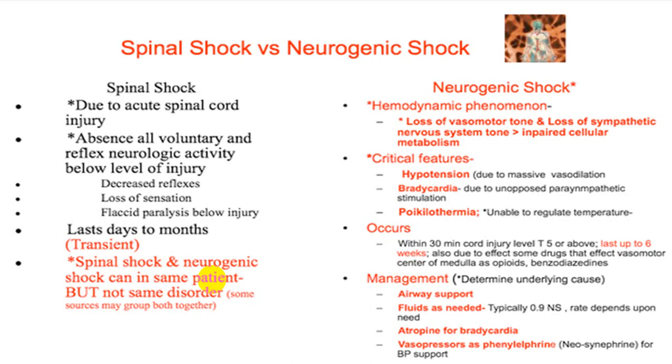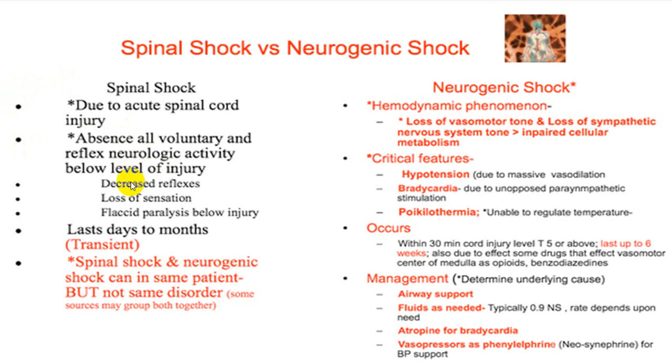But during damage, you get two types of presentation because of an acute damage to the spinal cord, like acute traumatic injury or acute inflammation. You will have a stage of spinal shock, in which all voluntary activity and reflexes below the level of injury will be absent.